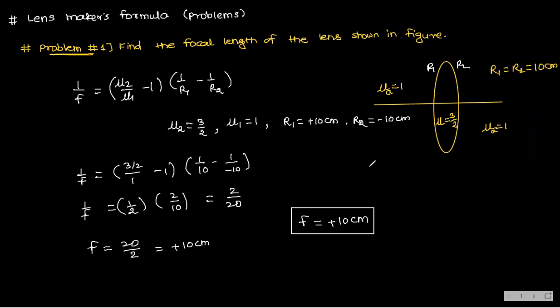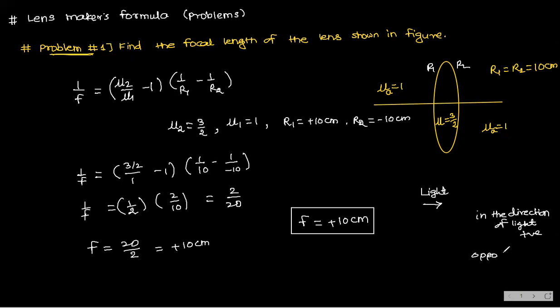Once again, sir, tell positive and negative, okay. So see, sign conventions are there now. This is the light direction. In the direction of light, as I have already given in the mirror, positive.